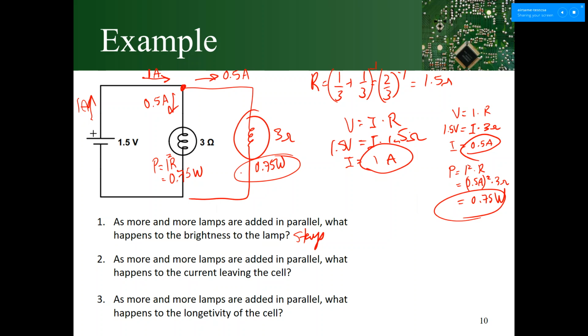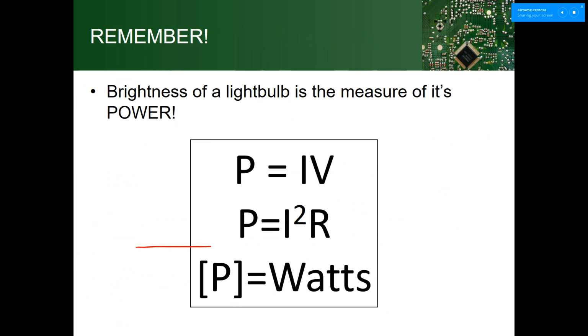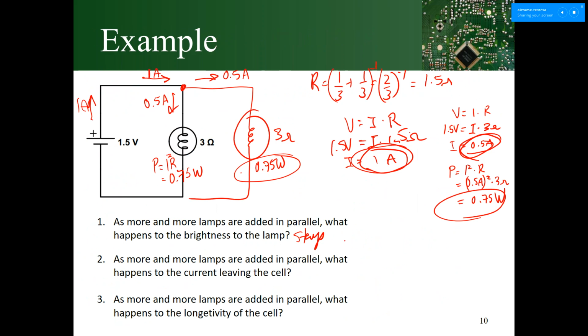So look at the current in this one. 2 bulbs, the current is 1 amp. 1 bulb, the current is 0.5 amps. Right? That's the current leaving the battery. Okay? Stays constant for the brightness.